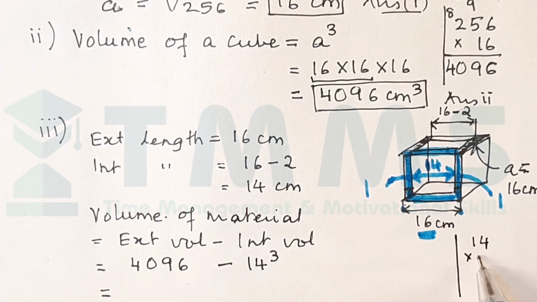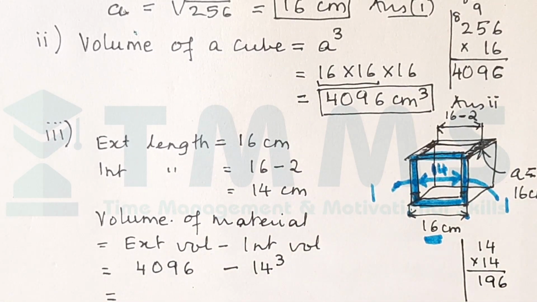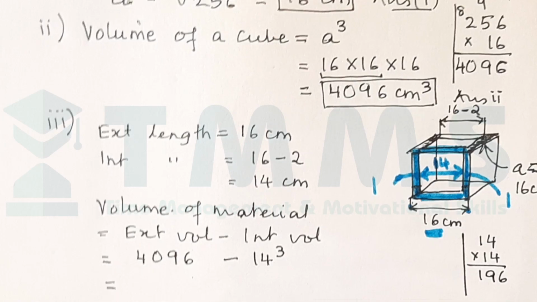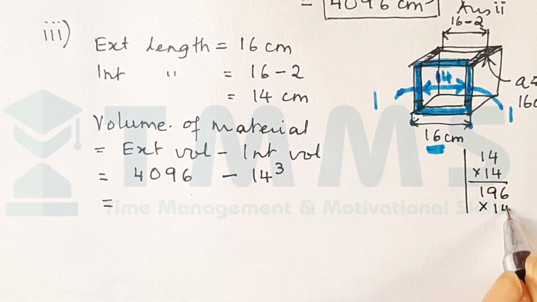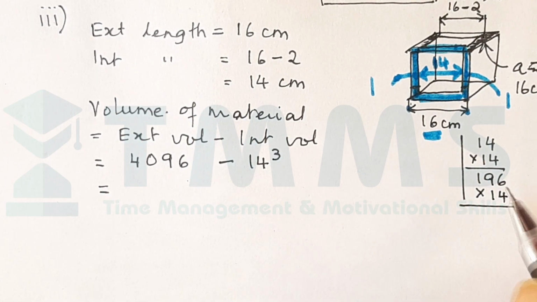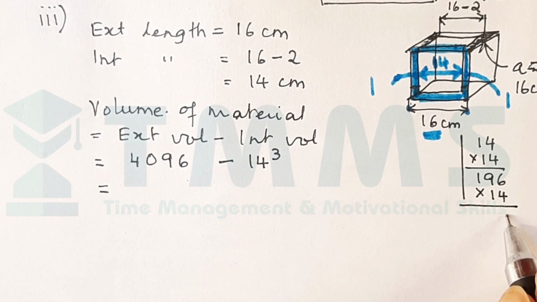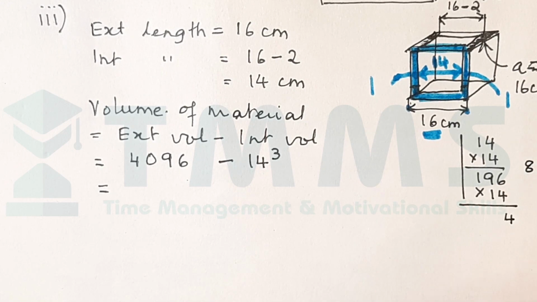14 multiplied by 14, you know the square, it is 196, correct? And now we will multiply that once again with 14. So 14 6s are 84. Carry 8. 14 9s are 126.